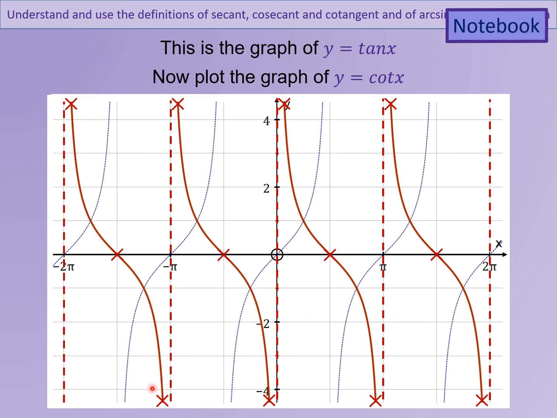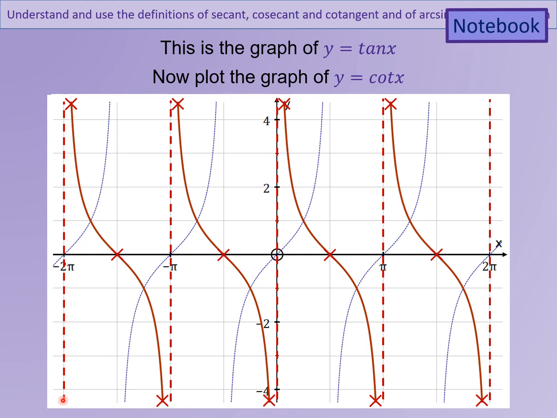As long as you can remember it off by heart, my advice is to make sure that you've got all 9 of your graphs drawn down somewhere really obvious when it comes to your revision, so that if the examiner just says sketch the cot graph, you know how to do it. You either know how to form it like I've done, or you've just learnt it off by heart. So the 9 graphs: sine, cos and tan, hopefully they're set in your heads.